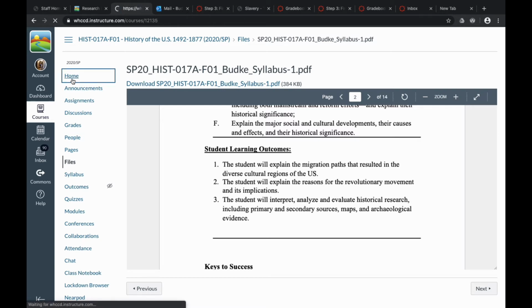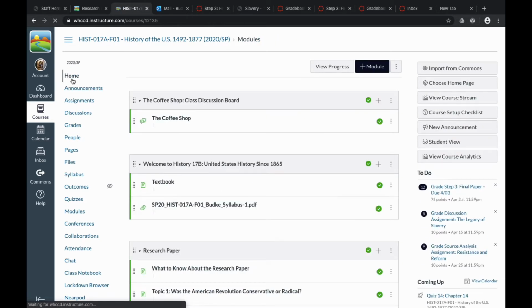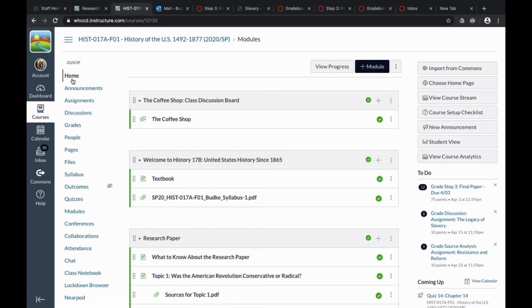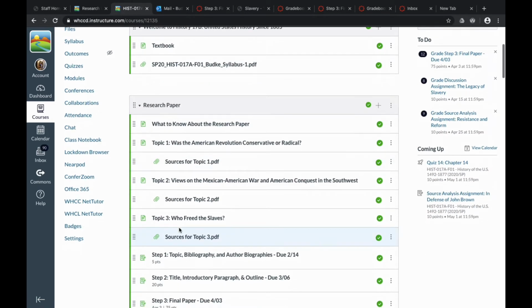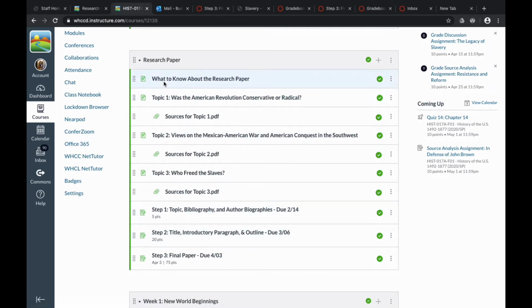Let's go back now to the home page of the Canvas site for History 17A and talk about what you need to do. We're going to go to the third module here, titled Research Paper, and you're going to see a list of things. At the top we have the instructions page, what to know about the research paper. I'll click into that in a moment.